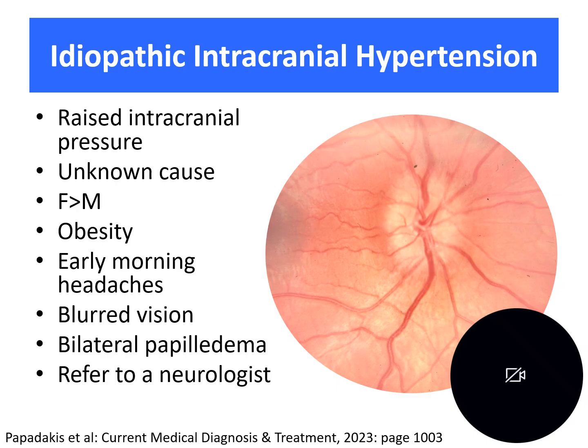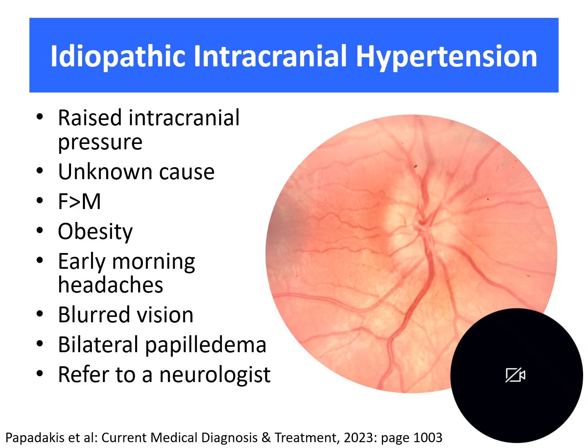So there's an increase in the pressure inside the skull. The cause is unknown. It may be associated with a number of factors, like it is seen more commonly in young overweight females, in females who have had in the past as a child prolonged tetracycline antibiotic use, in patients who have had vitamin A supplements, or it may occur in young female adults on the oral contraception.